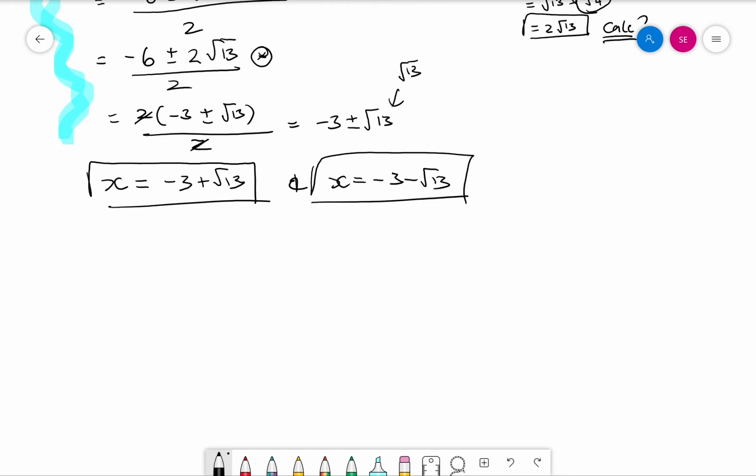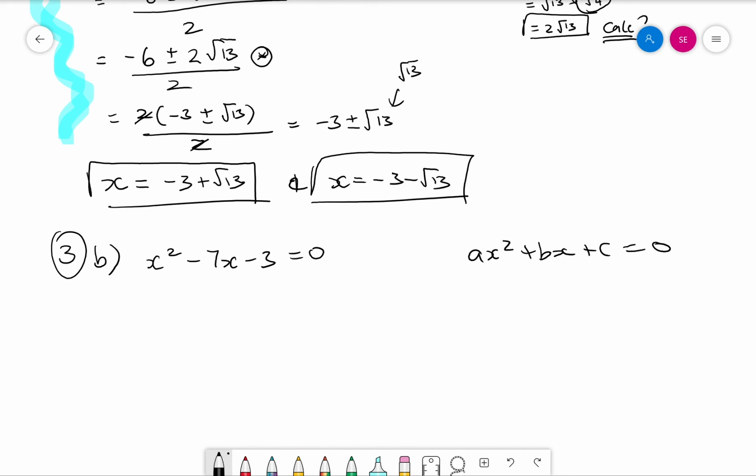All right, we'll do a couple more. Let's do 3b. So 3b, we have x squared minus 7x minus 3 is equal to 0. So it's already in the general form, ax squared plus bx plus c.